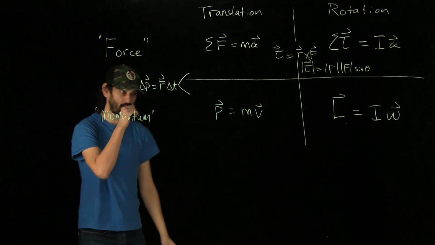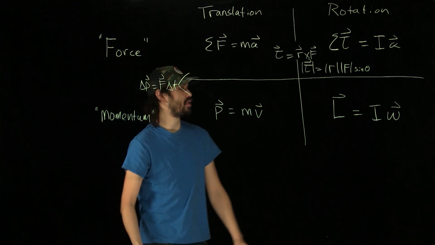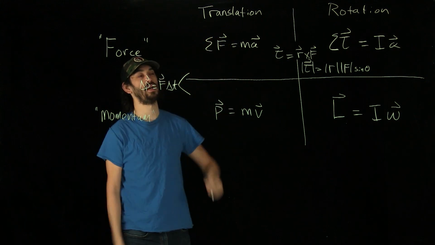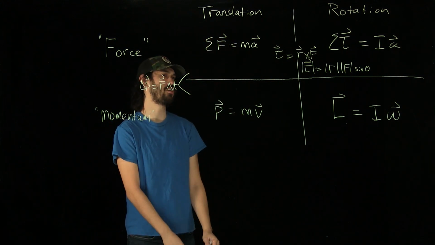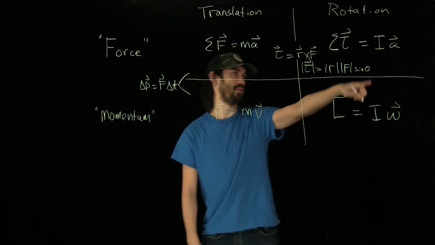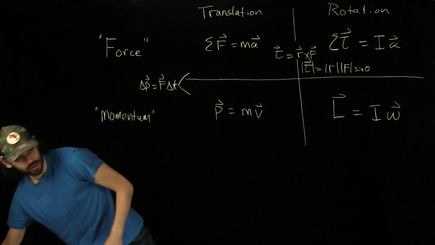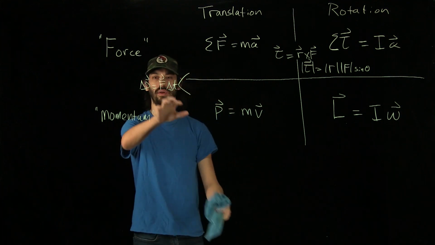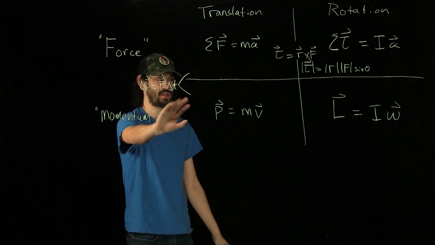Okay. So now that we've established this equation for angular momentum, just considering the symmetry of the table that we have here, we also want to connect it to our linear momentum and connect it to our torque. And the way that we connect our angular momentum to our torque is exactly the same way that we connect the force to the momentum.